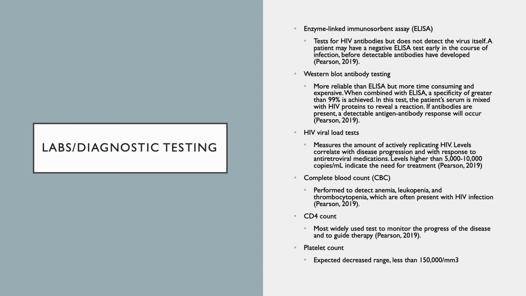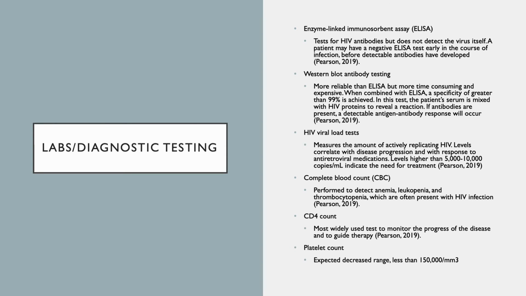All right, labs and diagnostic testing. So there are quite a few labs and diagnostic tests that you can undergo to reach a diagnosis of HIV positive or HIV negative. One of them is called the enzyme-linked immunosorbent assay, also commonly known as the ELISA.